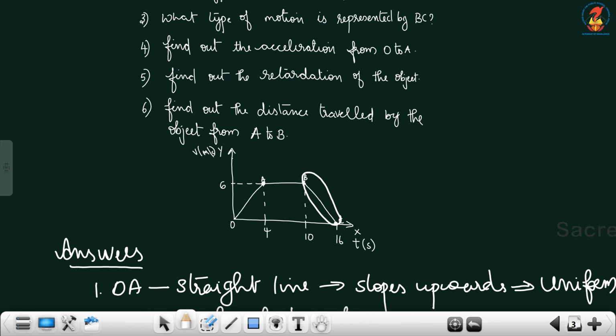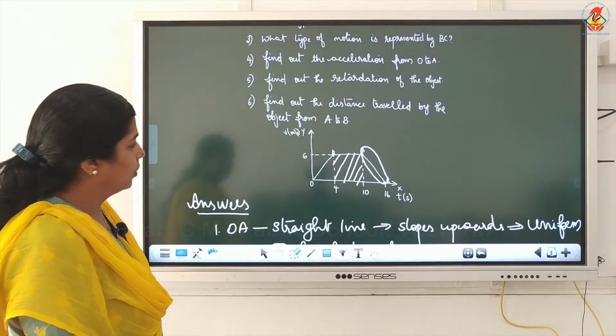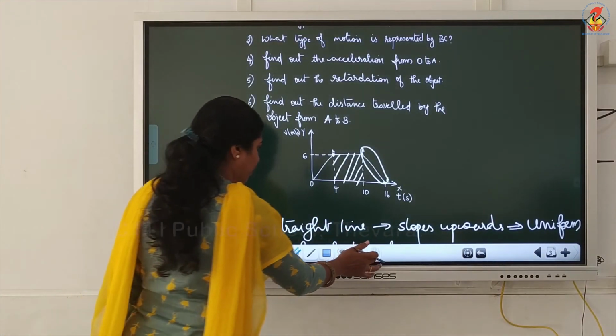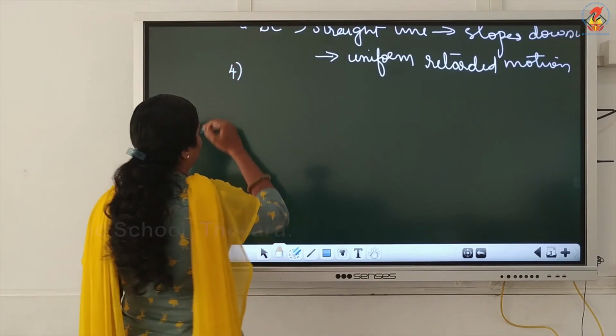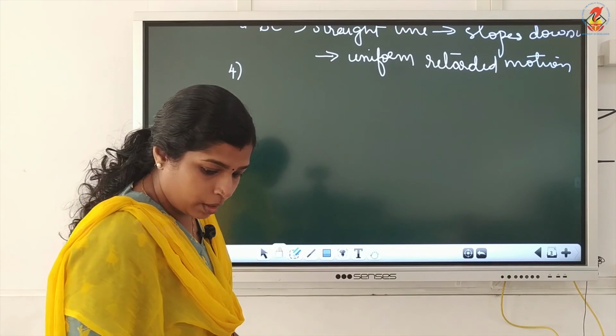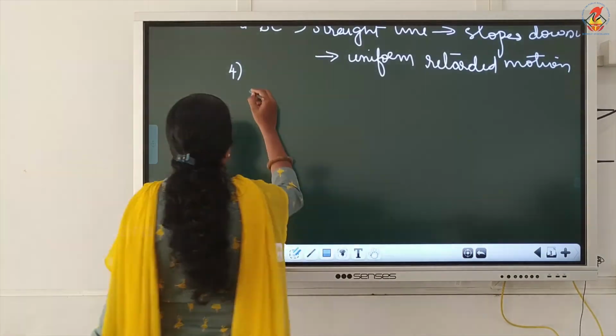Distance travelled from A to B means this portion. What is the shape of this portion? That's of a square. So, side into side. Fourth one, we need to find the acceleration.